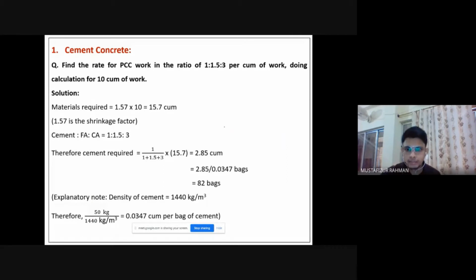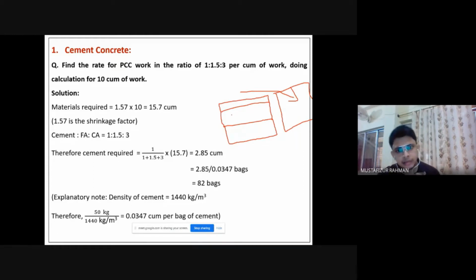So if we take materials, say this is coarse aggregate, this is fine aggregate, and this is cement, the resulting concrete won't be exactly the same. If we add them up, we won't get the exact same volume of concrete. Are you getting the point? The fine aggregate will go inside the coarse aggregate, and then the cement will go inside the voids of fine and coarse aggregate.